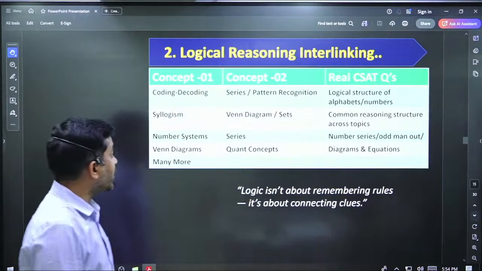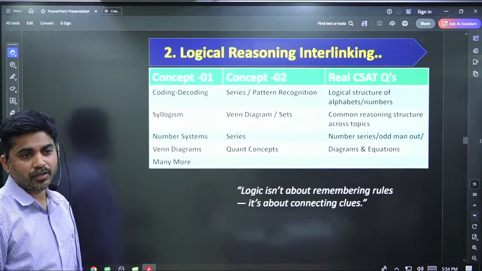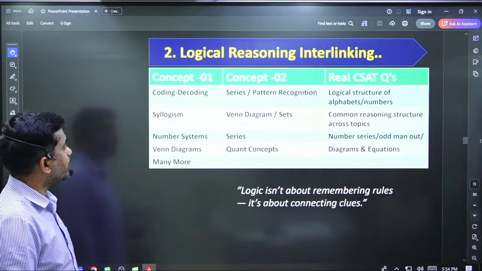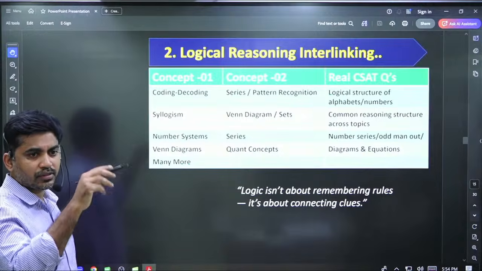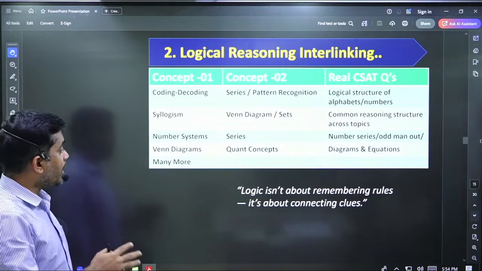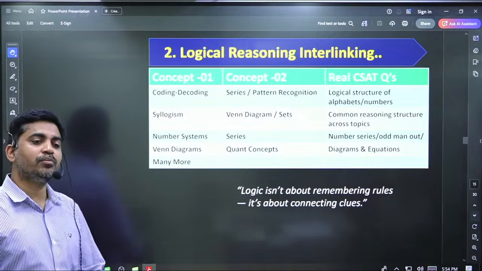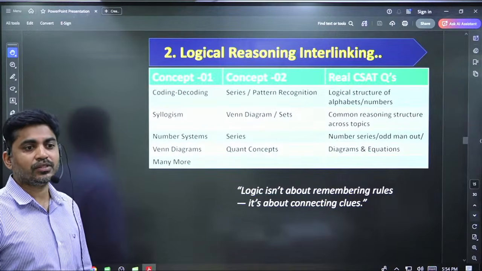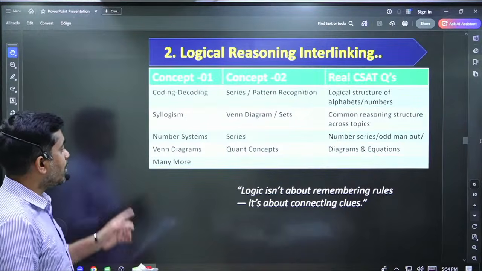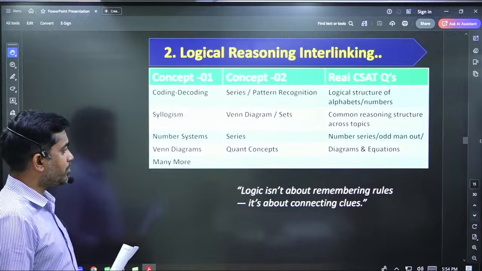In reasoning also, they are merging chapters: coding and decoding with series, syllogisms with statements and conclusions. Again, number systems is important for reasoning also. Without number systems, it is not easy to clear this exam. Venn diagrams, quant concepts, many more.